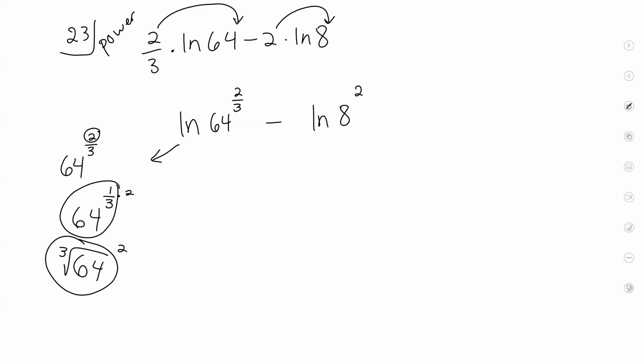What number multiplied by itself 3 times is 64? 8 times 8 is 64. I need a number that multiplies 3 times, 4. So look, 4 times 4 is 16, times a third 4 is 64. So that means the cubed root of 64 is 4. And then we're squaring it. So this is just 16. So guys, this whole thing is just ln of 16.